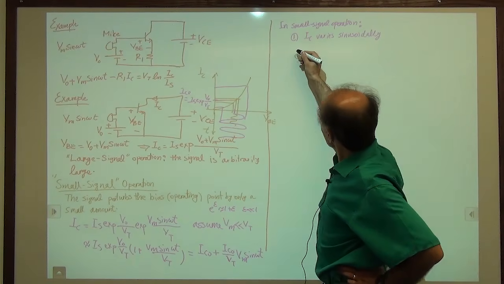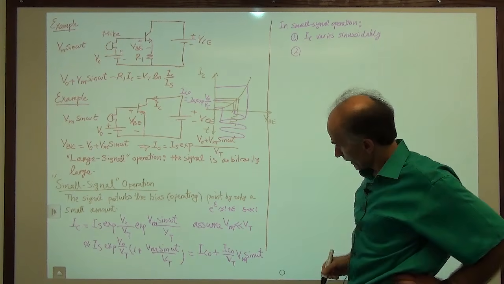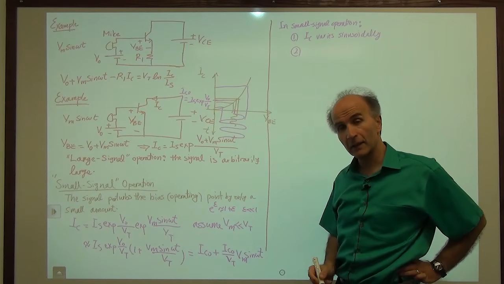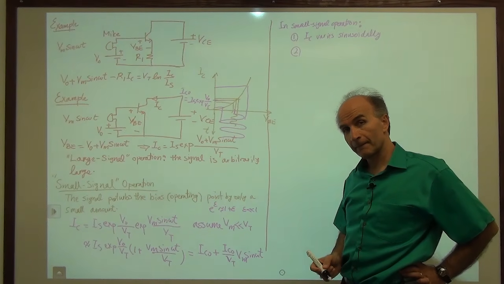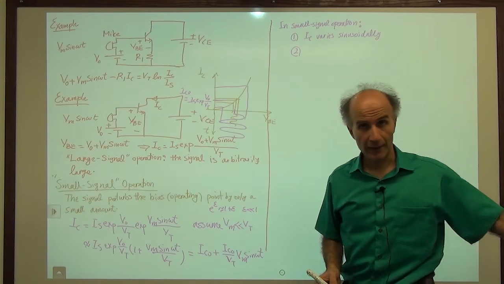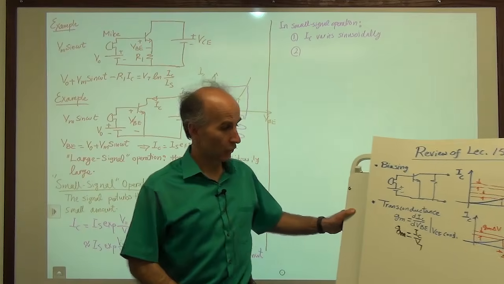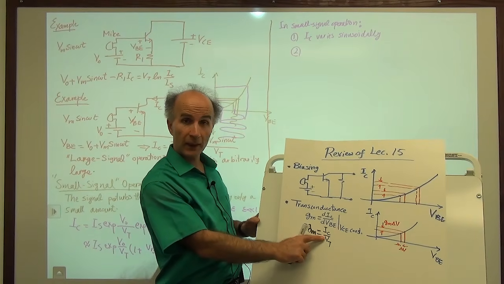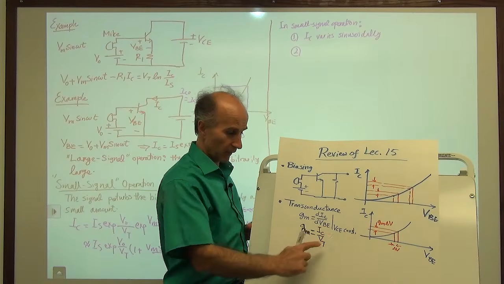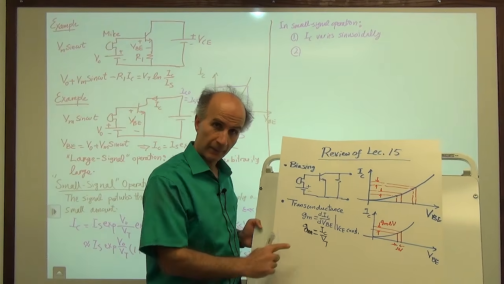Okay. The other point that we see is that this factor here, IC0 over Vt, is a familiar quantity. What is that? That is the transconductance of the device. Remember, this is what we calculated last time. We said the collector current, the bias current, divided by Vt is the transconductance.